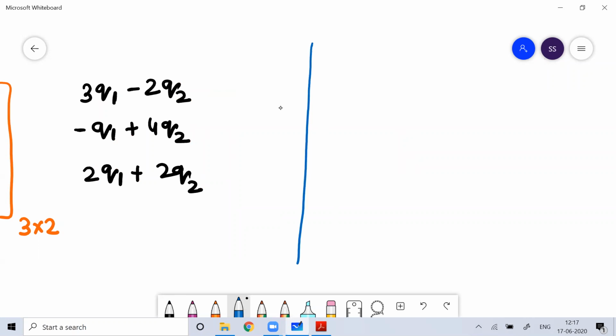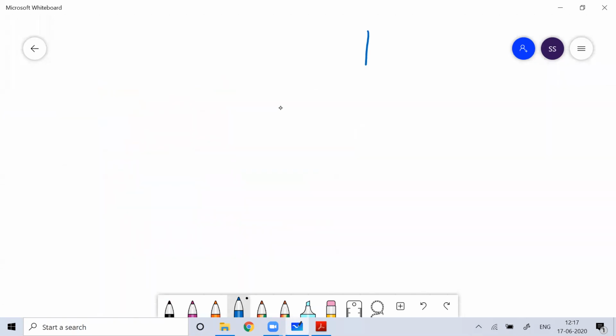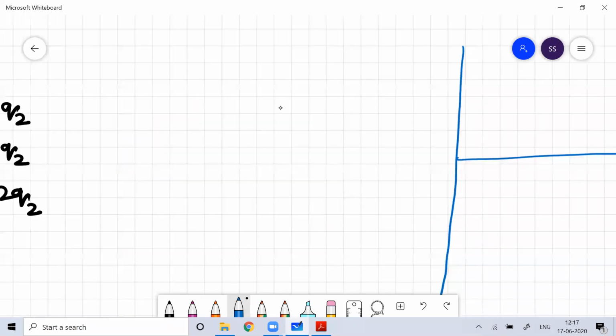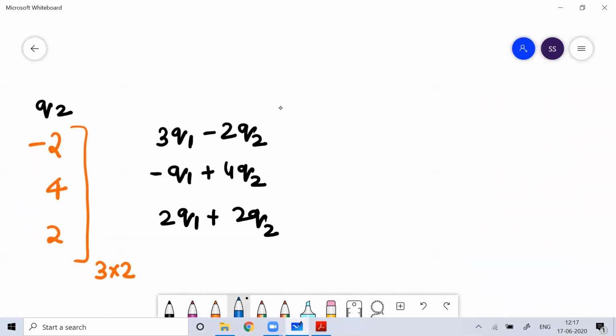I hope you remember the graphical method.